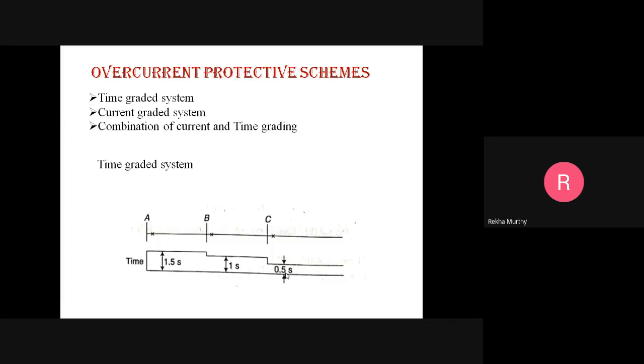Okay, fine. So this is all about the time graded system. Next, coming to the current graded system. In this scheme, the relays are set to pick up at progressively higher values of current towards the source.